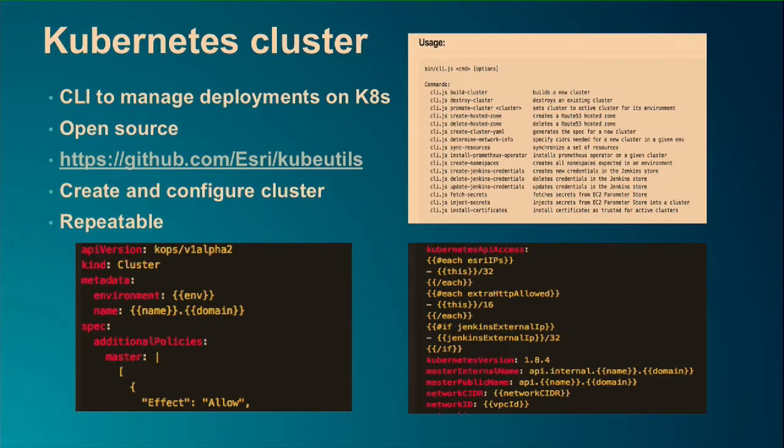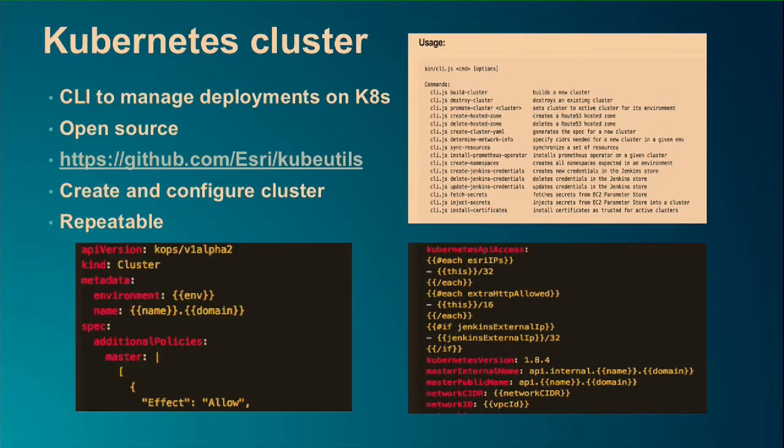In the creation of a Kubernetes cluster, there are many steps that are very interconnected with each other. So we decided to create a Node.js command line tool, leveraging the kubectl and kops commands that come with Kubernetes. The kops command is used to create a cluster, and kubectl is used to configure the cluster.